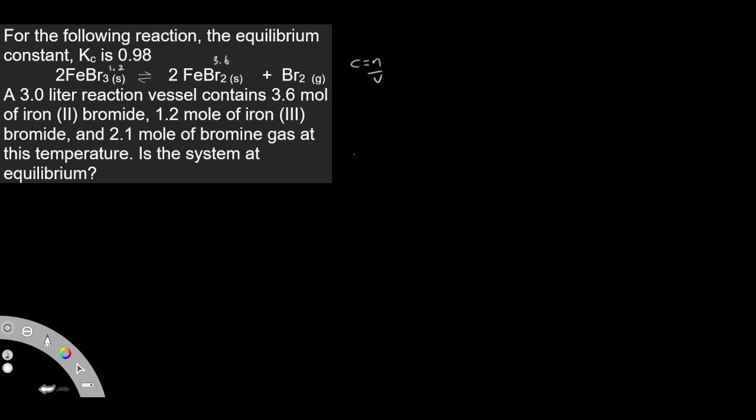So in terms of our concentrations, let's write it in. For the concentration of our FeBr3, so our iron 3 bromide, what do you end up getting? 1.2 divided by 3, 0.4. And this is again moles per liter.